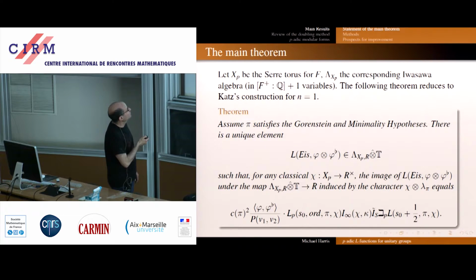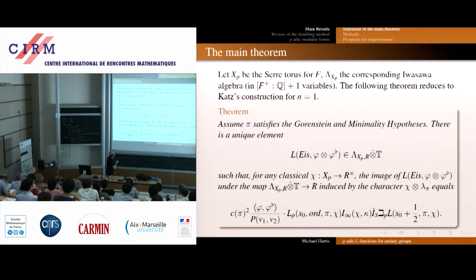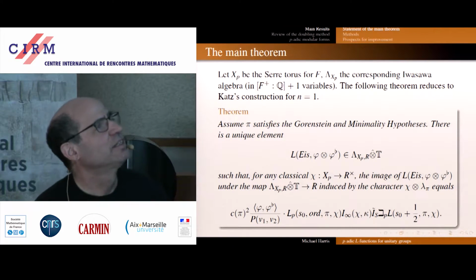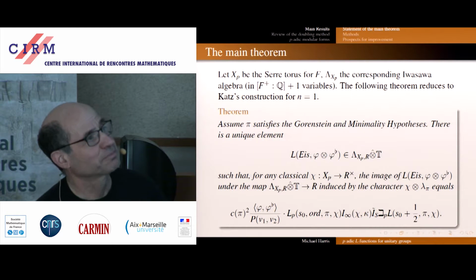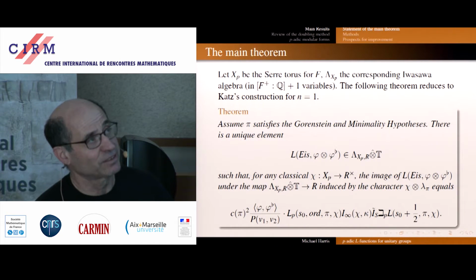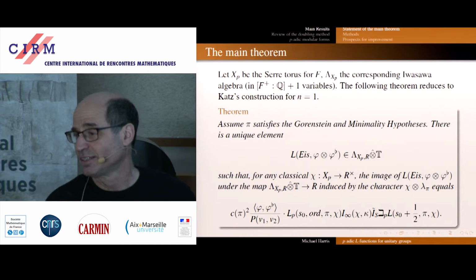what's a specialization? Well, there's more notation that's missing from this theorem, but that's okay. So phi, there's a specialization here. You take a classical character, that's a Hecke character. A classical character is just a Hecke character of the Sertorus.